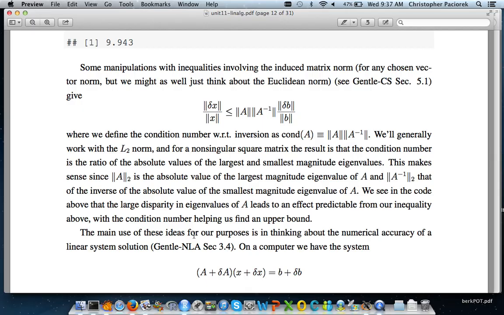So that's the maximum magnitude eigenvalue. I can play basically the same game with the inverse, and so the result is going to be the largest magnitude eigenvalue divided by the smallest magnitude eigenvalue as the condition number. Okay, so questions about that?